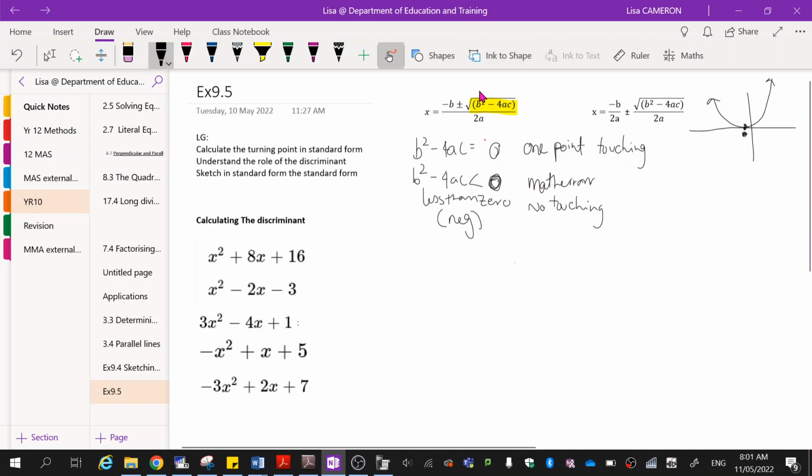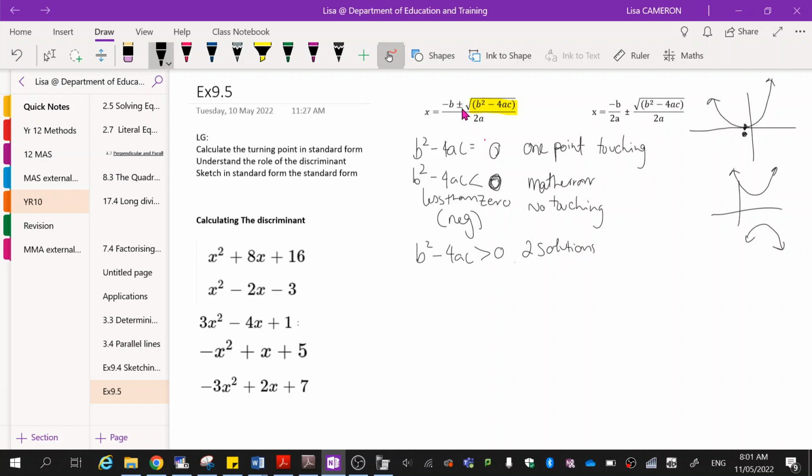It would tell me that this has got an error, it's not touching at all. So for my discriminant, that would mean that it's hanging about somewhere in the sky like that or like that. So it's not going to touch that axis at all. If it's positive though, that's when we end up with our standard thing where we have two solutions.